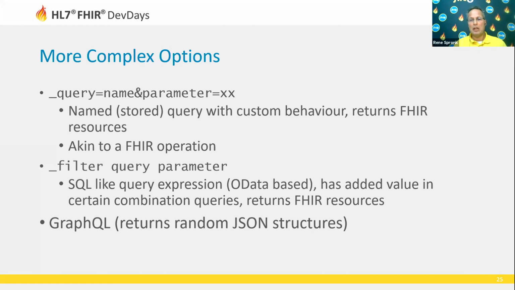But certainly on HAPI and on Vonk and probably all the other servers, you can configure this to minimize maybe the server load if you wish to do so. Yeah, in Aidbox, for example, you can explicitly control the number of iterations. Yeah, we extended the iterate syntax with additional stuff.